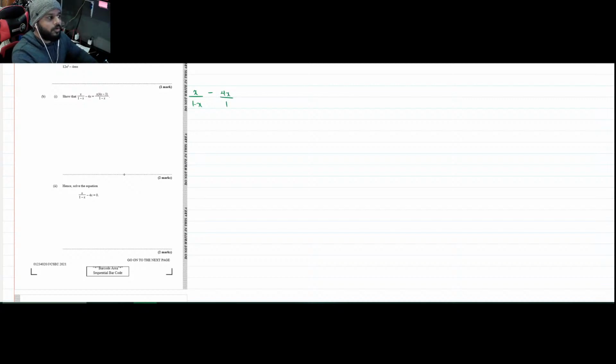Straightforward proof. Remember, we cross multiply this way, so 1 by x is x. Keep the sign in the middle. Cross multiply this way, that is 4x multiplied by 1 minus x, all over, and multiply this way now, 1 minus x multiplied by 1. Expand it out.